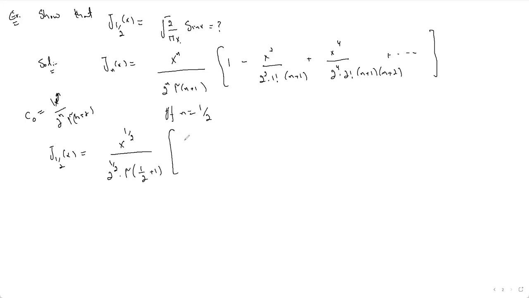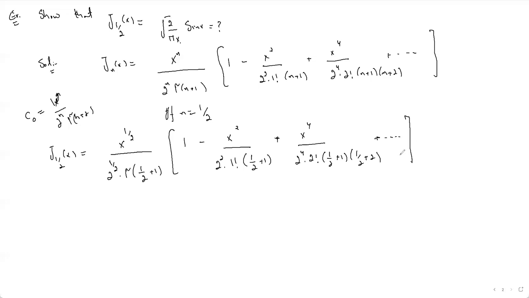Into minus 1 minus now x square divided by 2 raised power 2 will remain as such, 1 factorial will remain as such, n is 1 by 2, so it will be 1 by 2 plus 1 plus, okay, plus x raised power 4 divided by 2 raised power 4 into 2 factorial is 1 by 2 plus 1 into 1 by 2 plus 2. In this equation I am just substituting n is equal to 1 by 2.